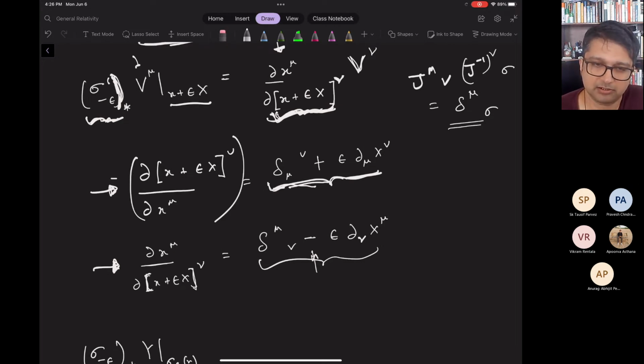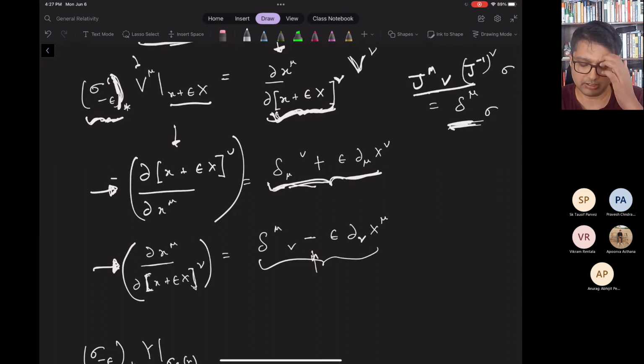That doesn't make sense. You don't take a single component of this and then flip it over. That's not how you invert partial derivatives. What you have to check is that the inverse Jacobian times this Jacobian satisfies this property. And to order epsilon, you can quite easily see that that will be true.